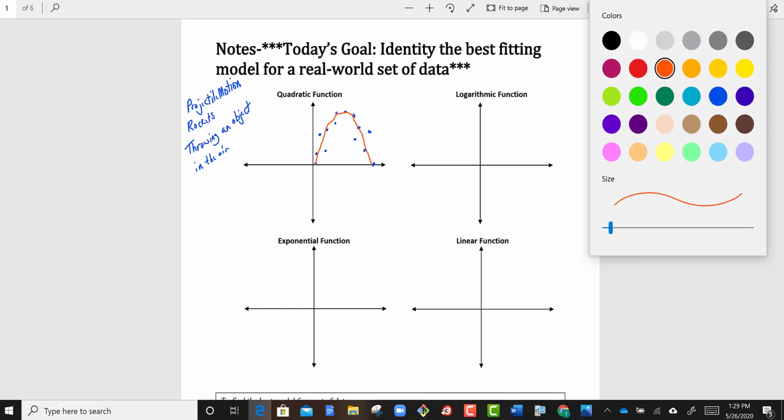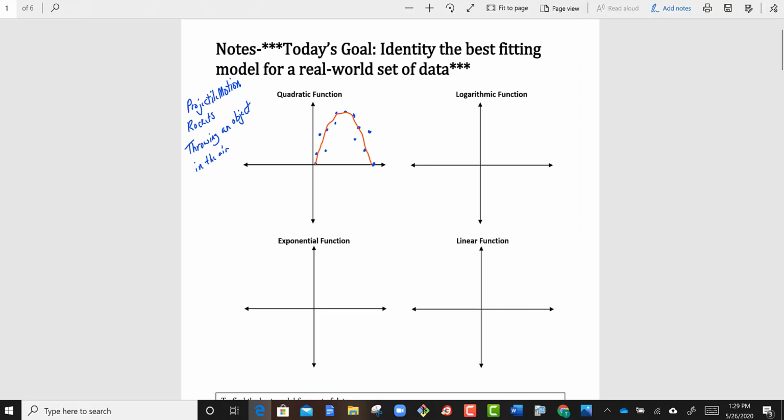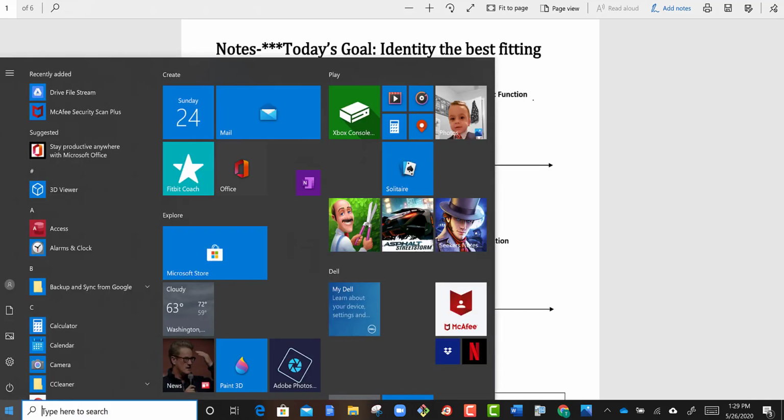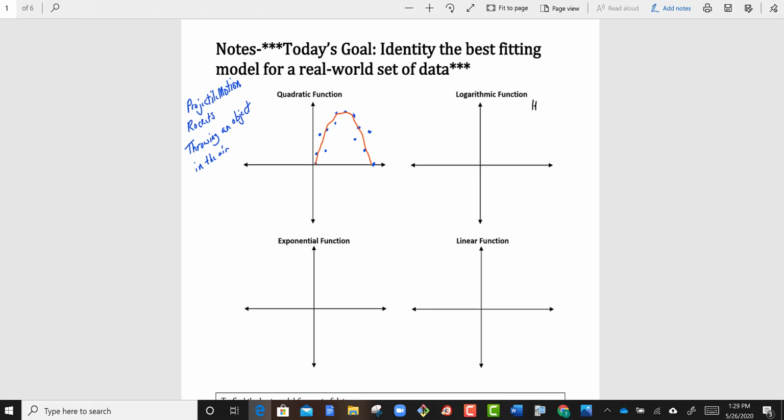Next example, logarithmic function. One example that I see a lot of times is the height of a person over time. So we know that over time, most people tend to increase at a rapid rate at a certain age, but at a certain point that kind of flattens out.